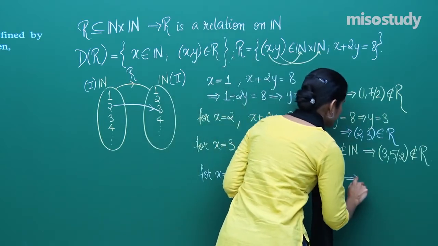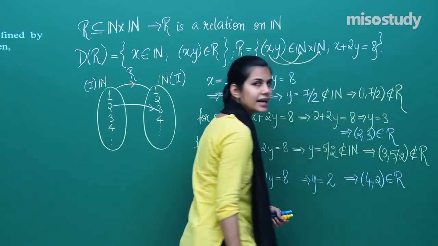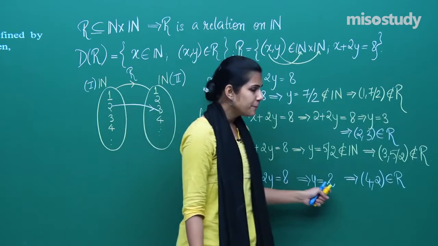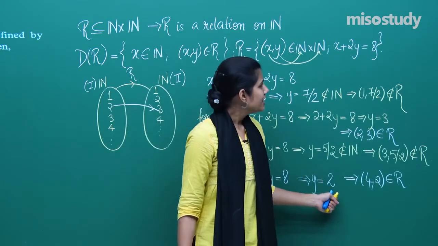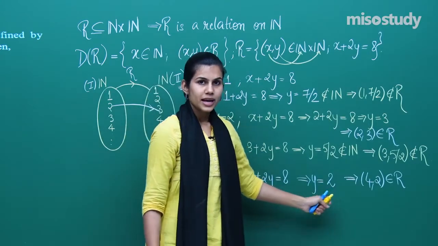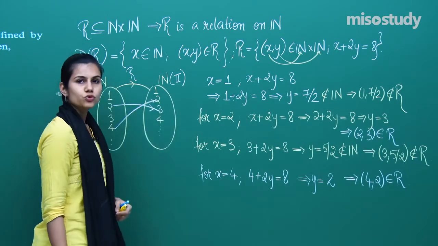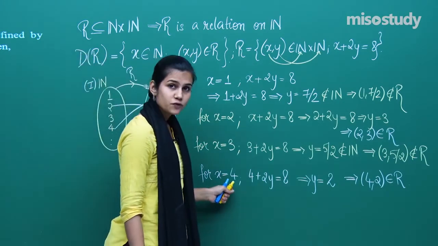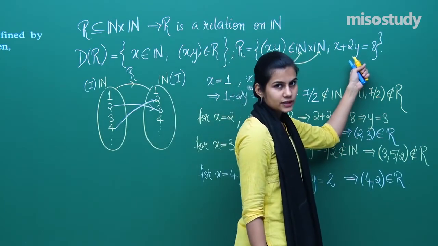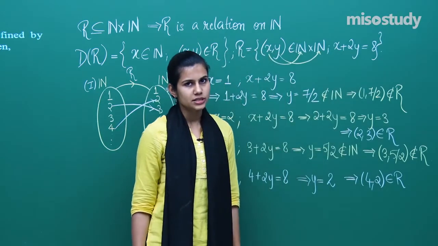This implies 4 comma 2 is very much inside R, because corresponding to 4, the natural number with which 4 is related, satisfying this relation, is 2. That is why 4 is related to 2. When x is 4, y is 2, the relation gets satisfied such that x and y both come from the set of naturals.